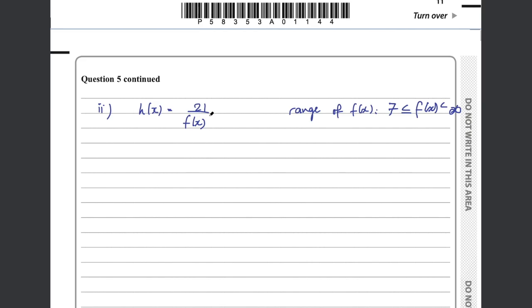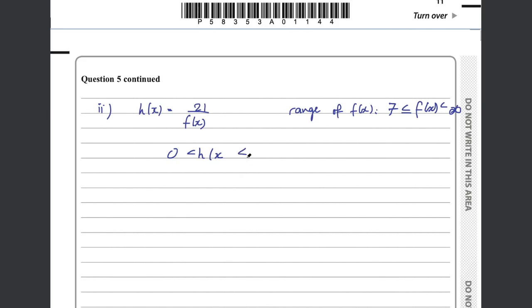So looking at this expression, we have a minimum of 21 on infinity. That would give us basically 0, right? Any number over infinity will be almost 0. So we can say that the range of h of x is greater than 0, not quite equal to 0, but greater than 0.